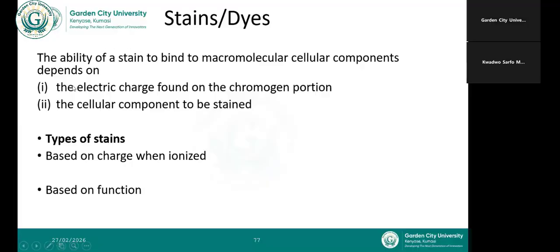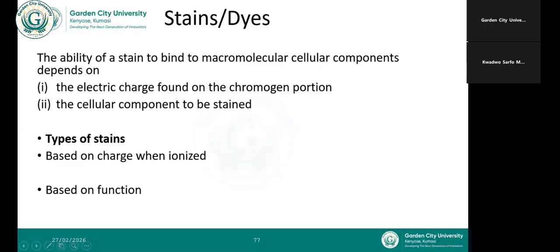So for the biological stain to bind depends on the charge on that organism and then the charge that the chromogen is also carrying based on the auxochrome portion.